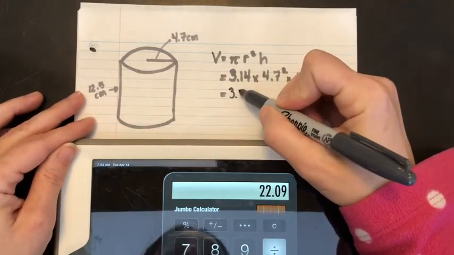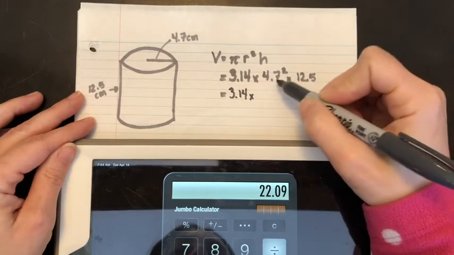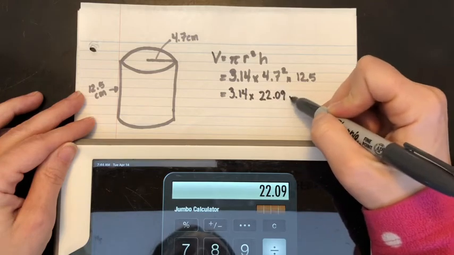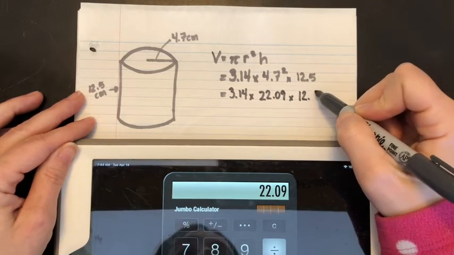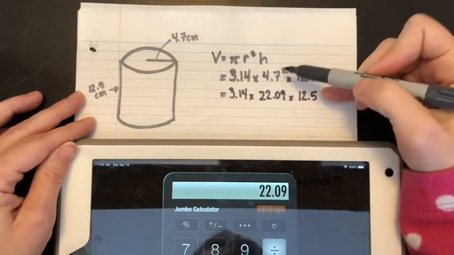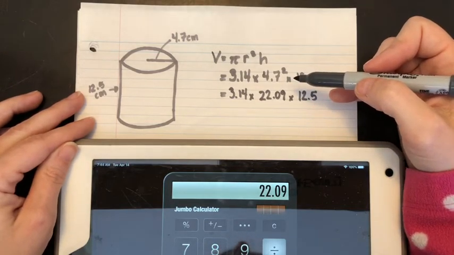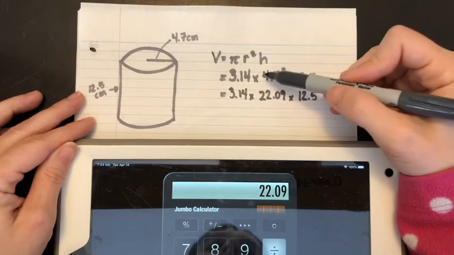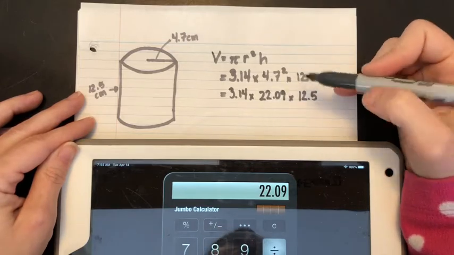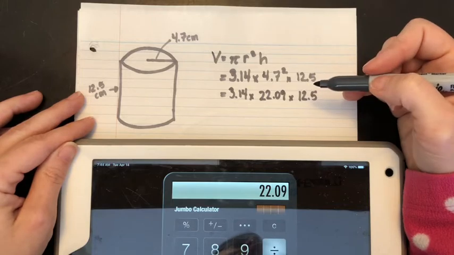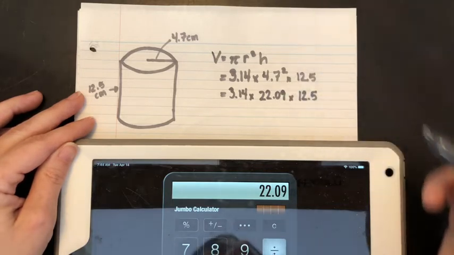So it stays 3.14 multiplied, 4.7 squared now becomes 22.09 multiplied by 12.5. If I go 4 squared, I know that's 4 times 4, it's 16. If I go 5 squared, I know it's 5 times 5, that makes 25. So 4.7 squared has to be somewhere between 16 and 25. In my head, I'm doing that mental math to make sure that I'm getting the right number.